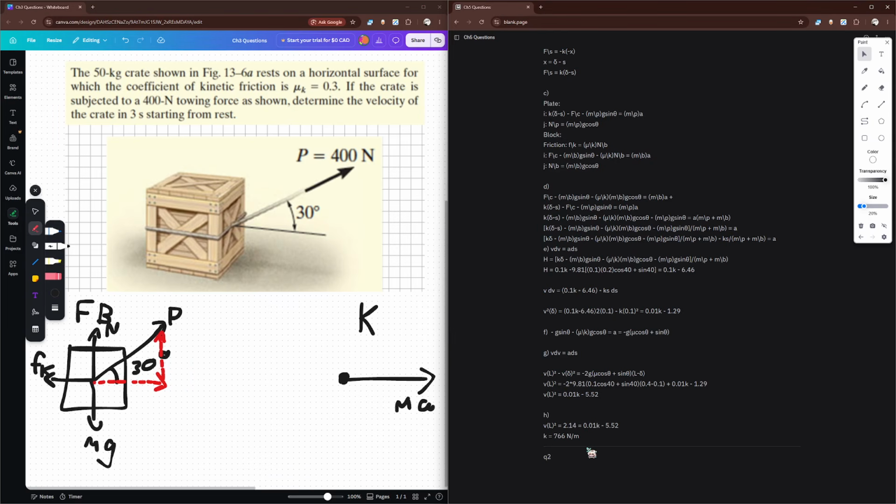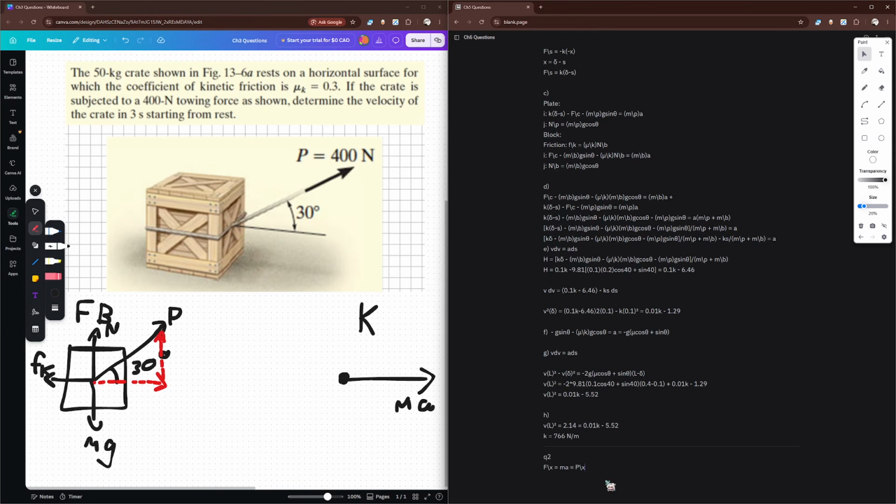So in the X direction, we have Fx is equal to m a, which I'm just going to call MA, which is then equal to, let's look at our forces in the X direction. We have Px and Fk.